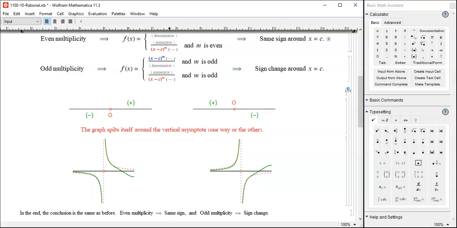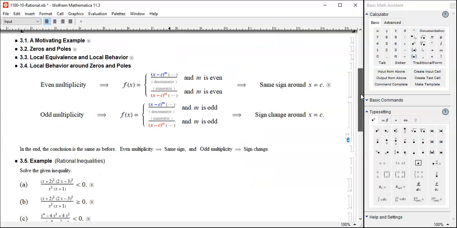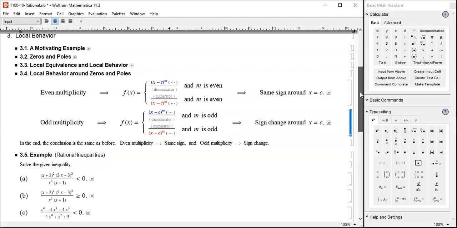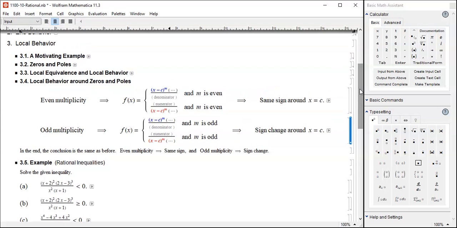Now, for poles, we do not have any crossing. We just have split toward positive infinity, negative infinity, or negative infinity, positive infinity, either way. So minus plus or plus minus. Either way, same conclusion. So even multiplicity, same sign. Odd multiplicity, sign change.